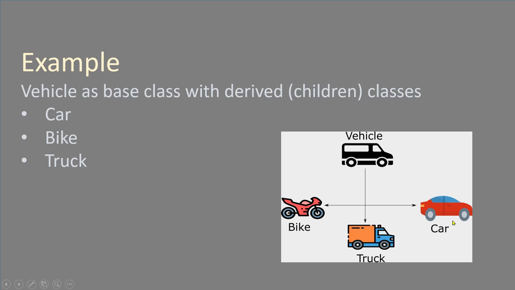Similarly, car has its own attributes different from the truck and bike. So all the specific attributes we attach to the derived classes, and meanwhile the generic attributes are accessible to all the derived classes. We'll discuss this in an example program later.